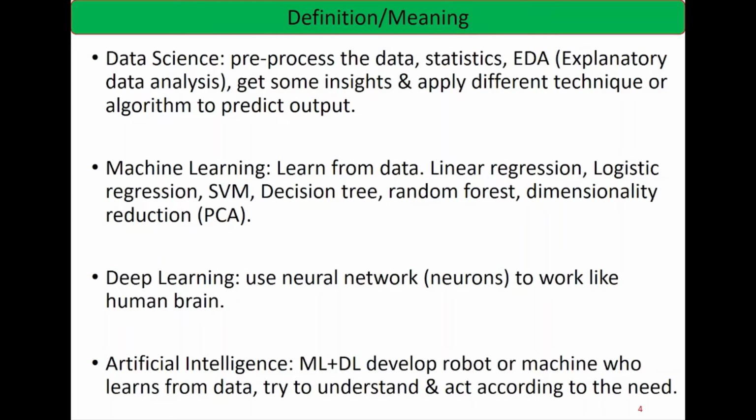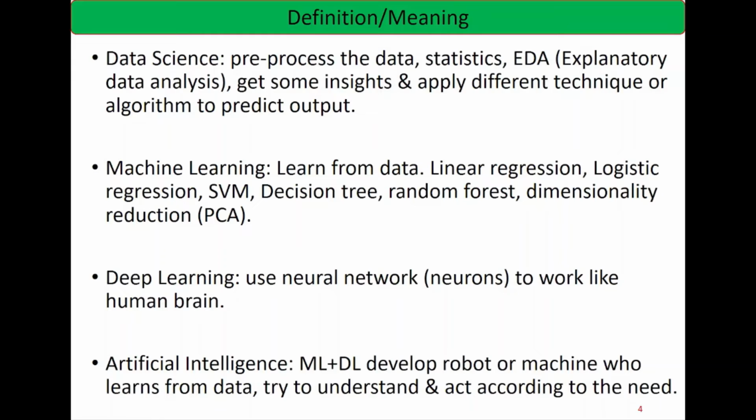Now, let's see what data science is. Data science is, I think, pre-processing the data and applying some statistics, like how to calculate mean, median, mode, and different p-values. And EDA is where we do all kinds of calculation.